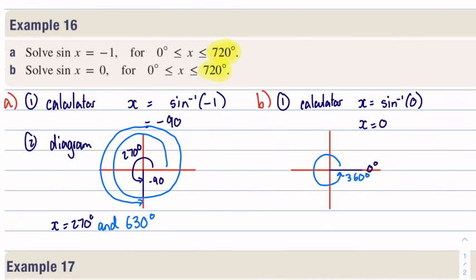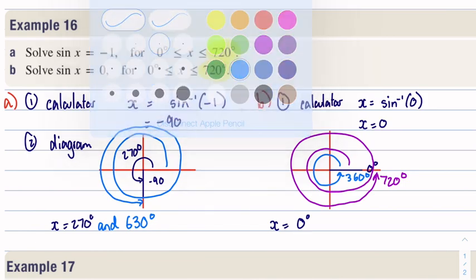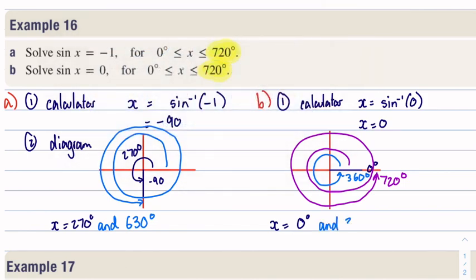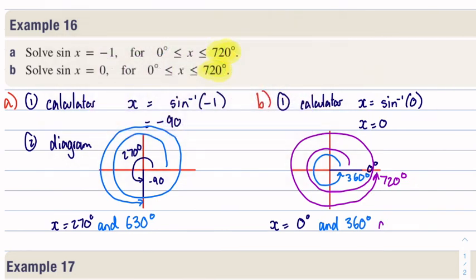And I know we can go all the way around again and get 720 degrees. So x equals 0 degrees and 360 degrees, and 720 degrees.